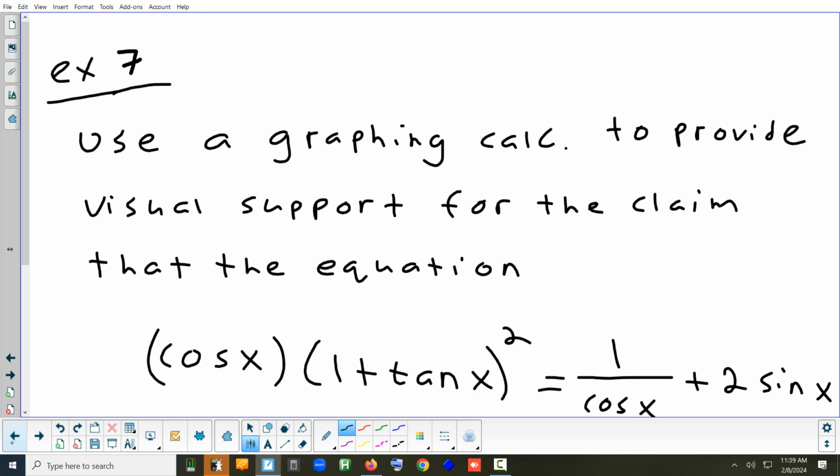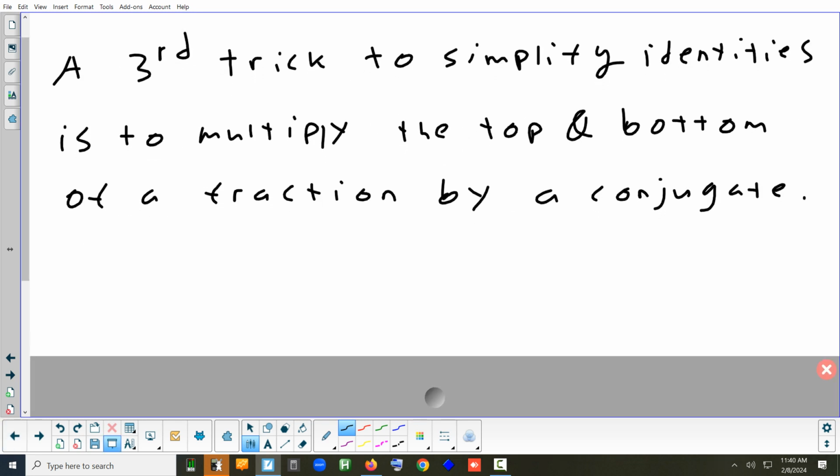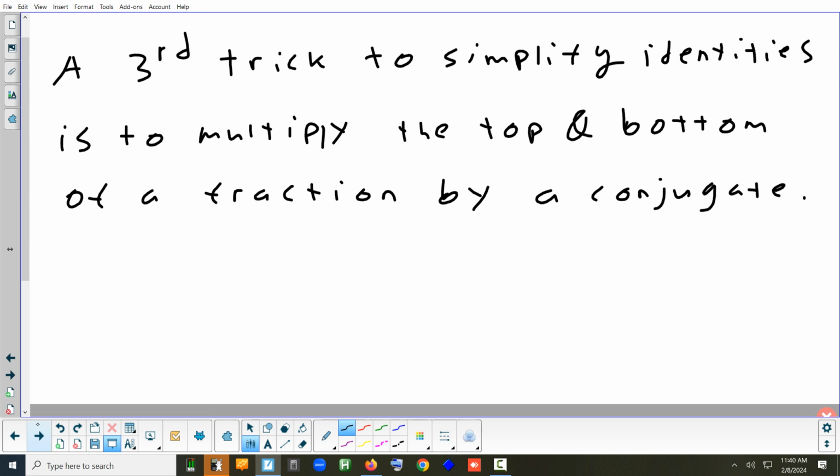Is conjugate like the absolute value? So conjugate is when you change the sign. So like if you had 1 plus tangent, the conjugate is 1 minus tangent. Oh, so it's like the opposite of the trig function.